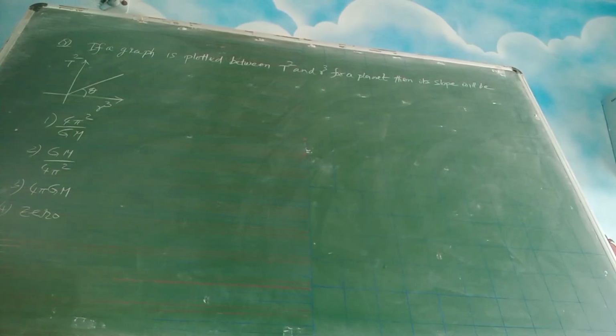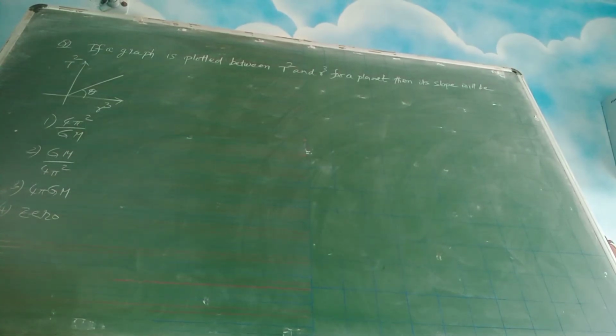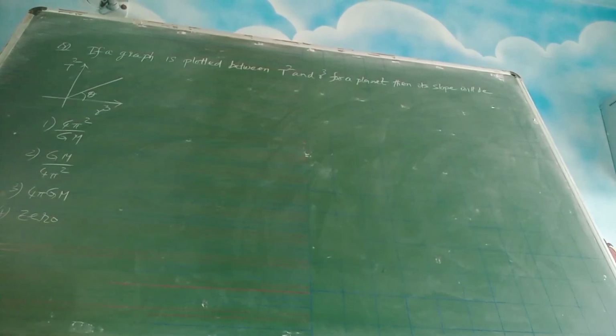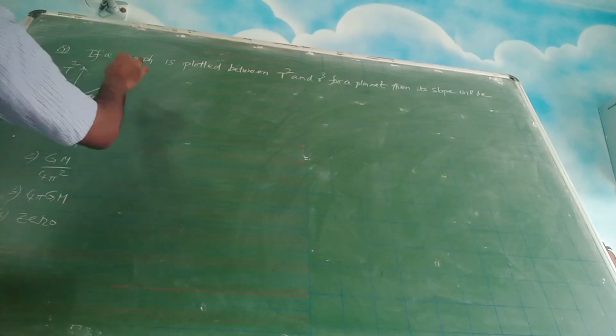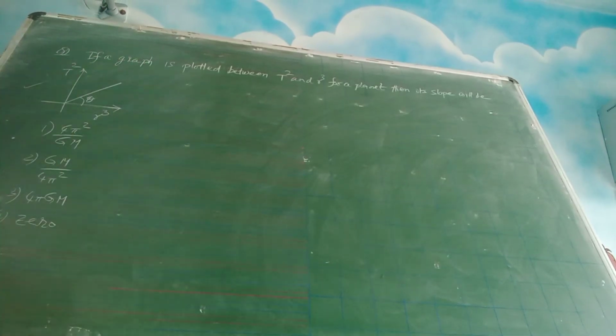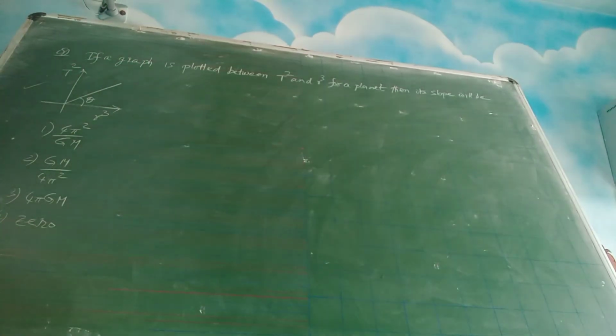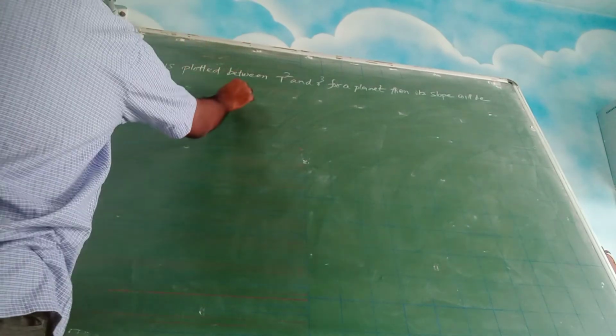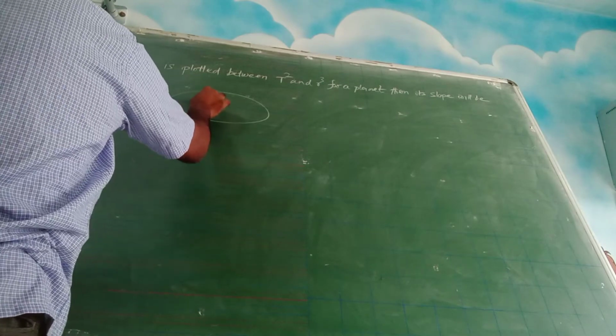If a graph is plotted between t square and r cube for a planet, then its slope will be. So there is a graph which is given like this between t square and r cube. So they are asking you what will be the slope of the graph. See, basically for a planet, the planet was rotating around the sun, let us say like this.